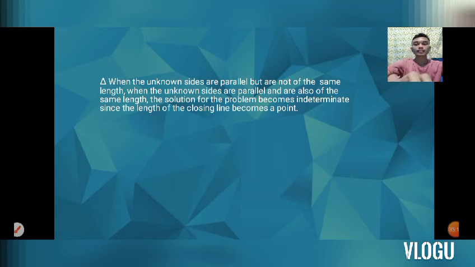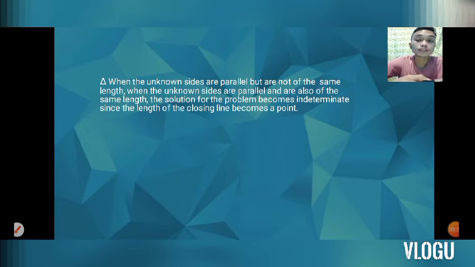The closing line is what we use when determining the value of the other sides or unknown data. It is a tool for solving our unknown data.